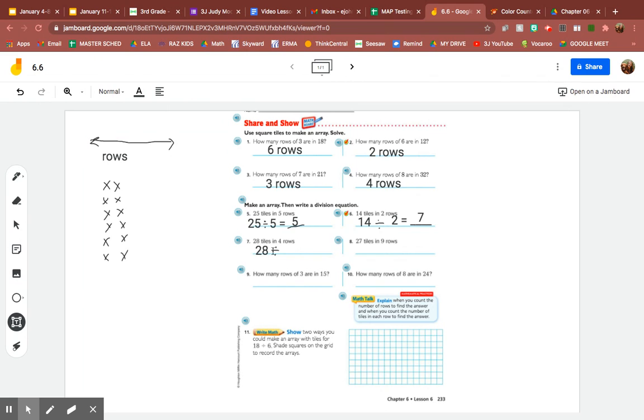If you're thinking 4 rows, then you're correct. So 28 divided by 4 equals, so what times 4? 4 times what equals 28? If you're thinking 7, you are correct.